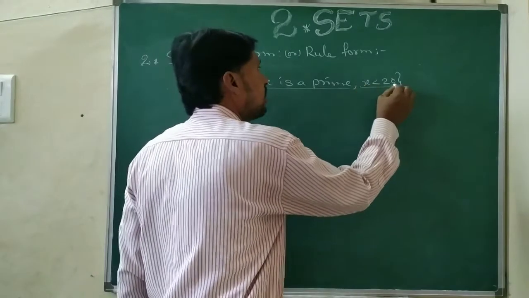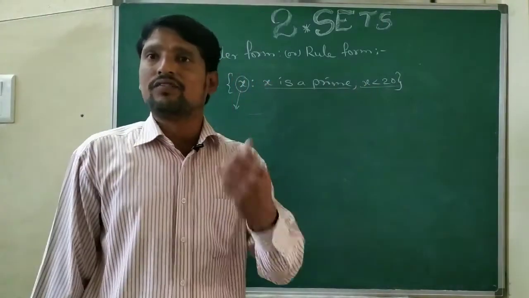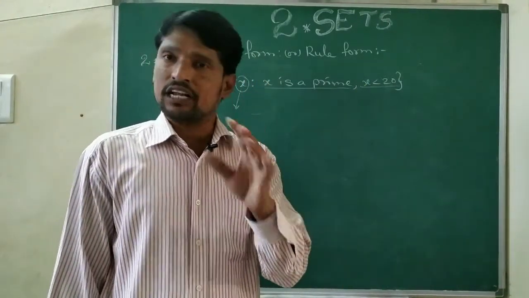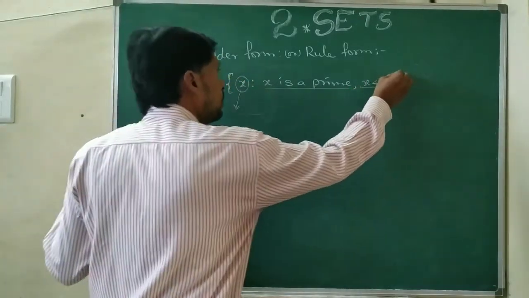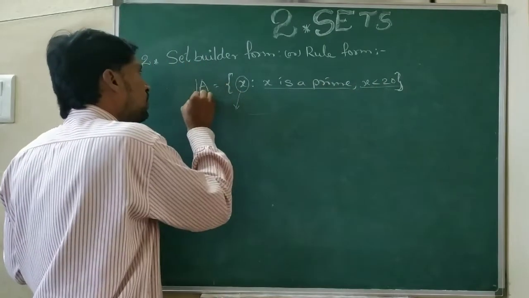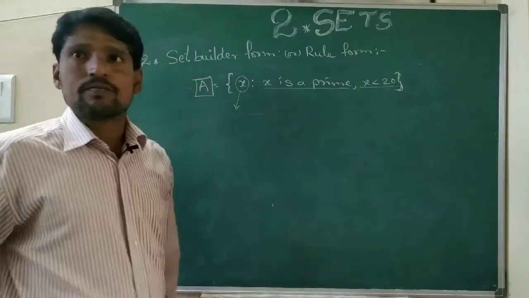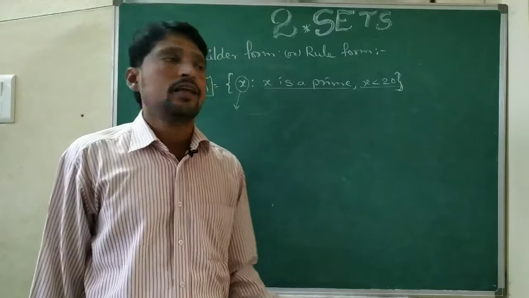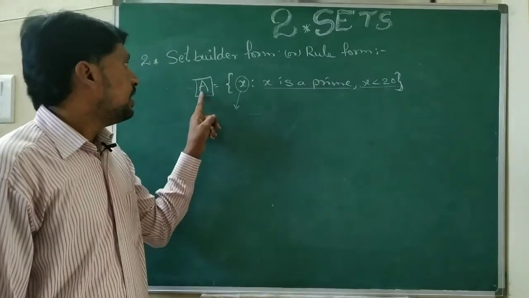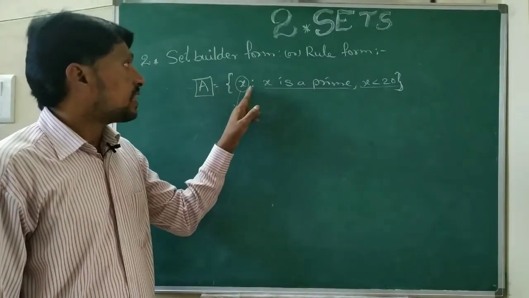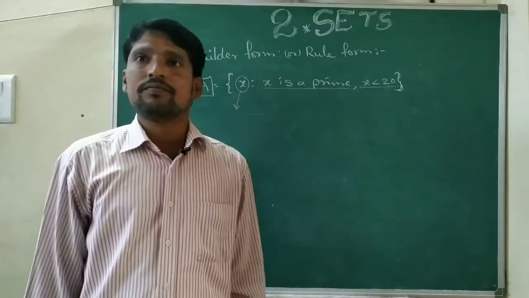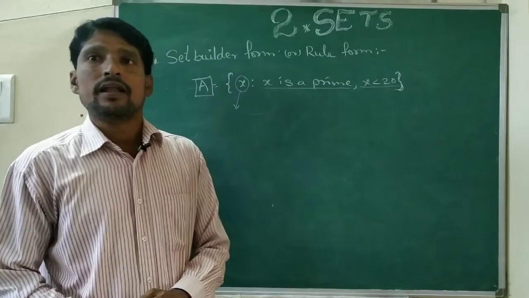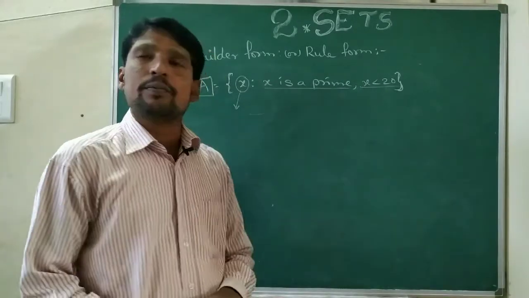And x less than 20, that is the condition. It is enclosed by braces, and the name of the set is A. So we read it as: A equals x such that x is a prime less than 20. This is the set builder form.